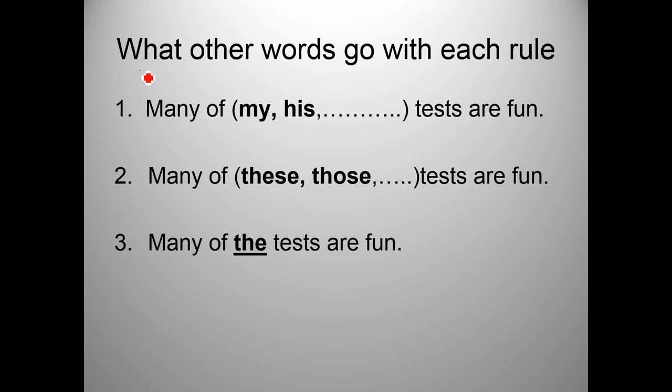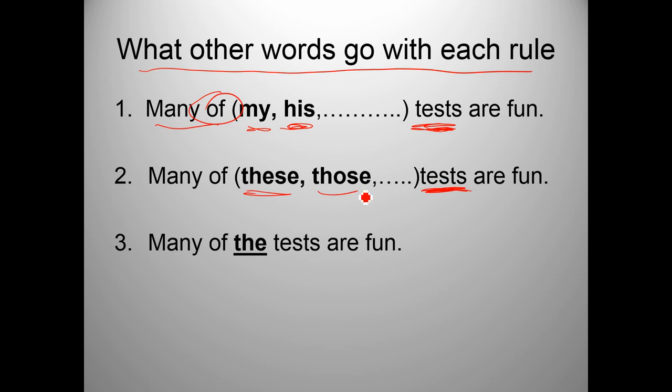So, what other words go with each rule? Many of my tests. Here we have the possessive, making the noun specific, and when the noun's specific, I'm going to use of. Many of these, those tests. Here I have these and those making it specific.